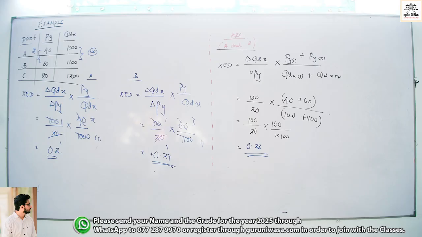So I think it should be 0.23 something. No, 0.23. Yes, it's correct. I've already written 0.23. So you have written. Okay, sir. 0.23. Okay.